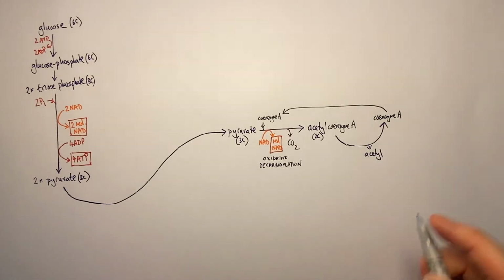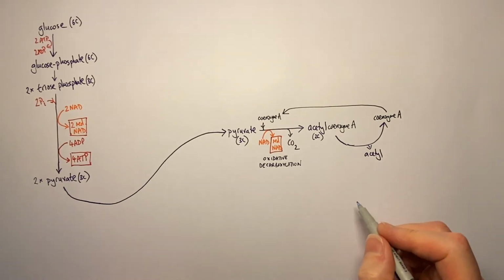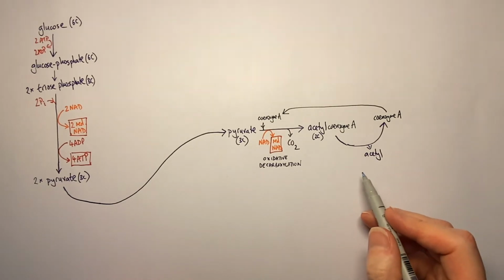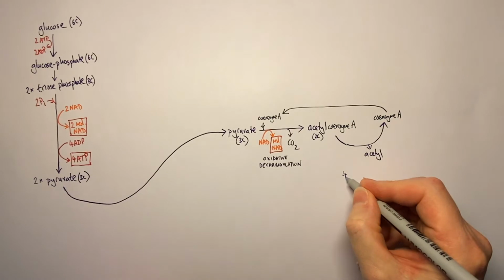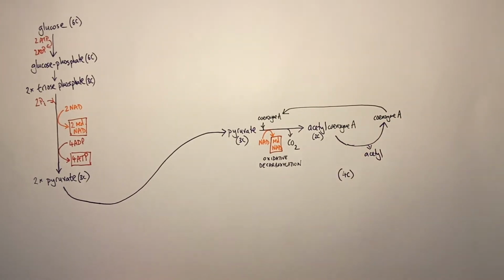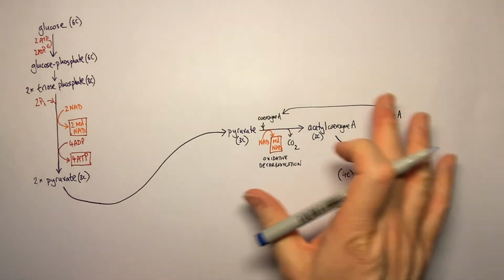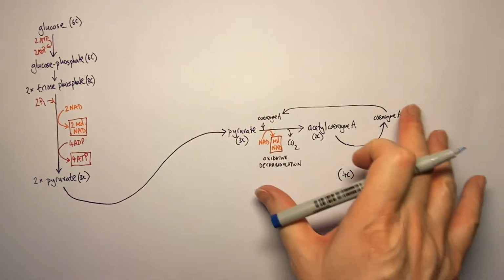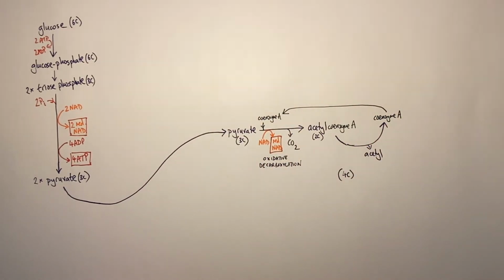That acetyl group here now joins on to a 4-carbon compound which is present in the matrix. So all this is happening in the matrix, and you'll see when I draw the next bit that is where it's happening.